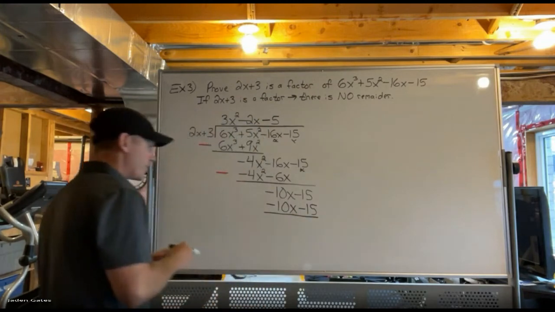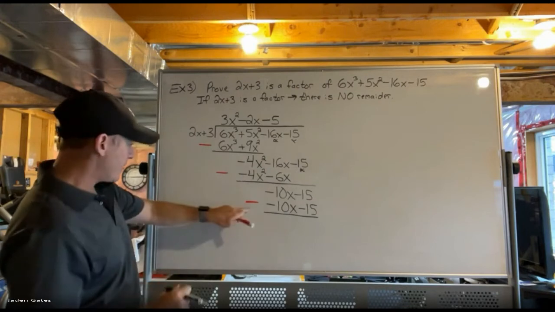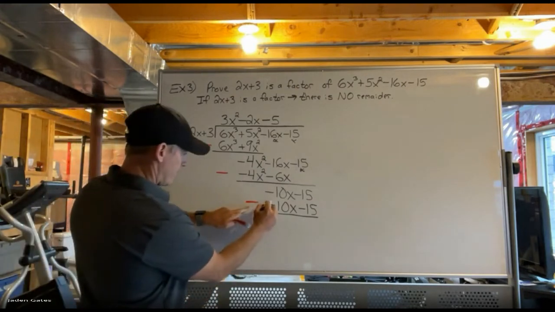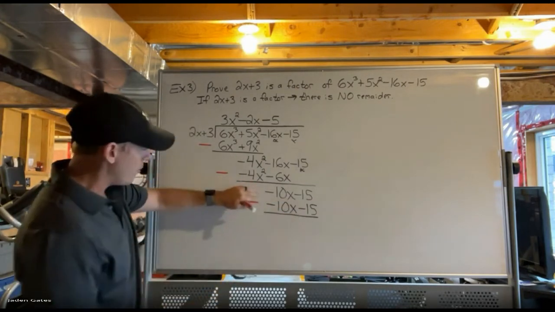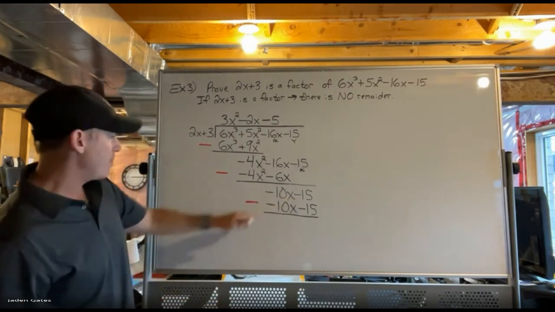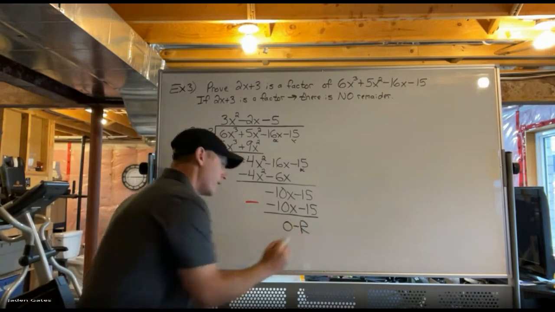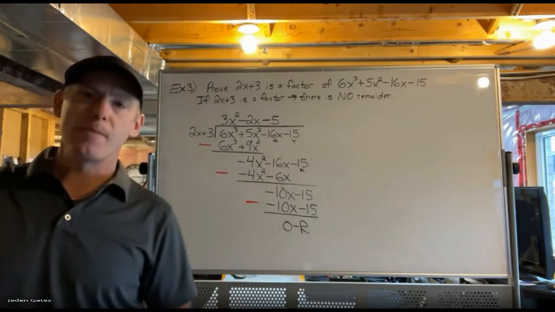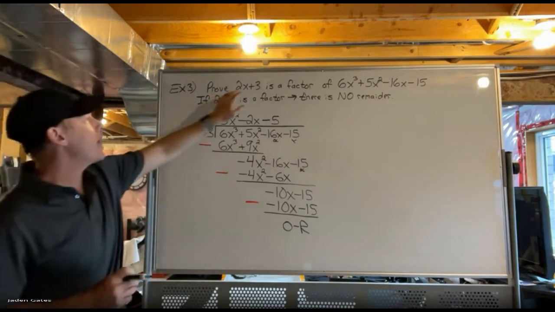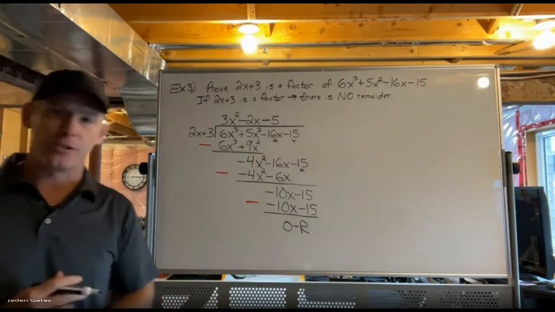And so if I subtract them, well, this minus sign is going to make these basically all positive. So negative 10x plus 10x, nothing. Minus 15 plus 15, nothing. And so we have zero remainder, which means I just proved that 2x plus 3 is a factor.